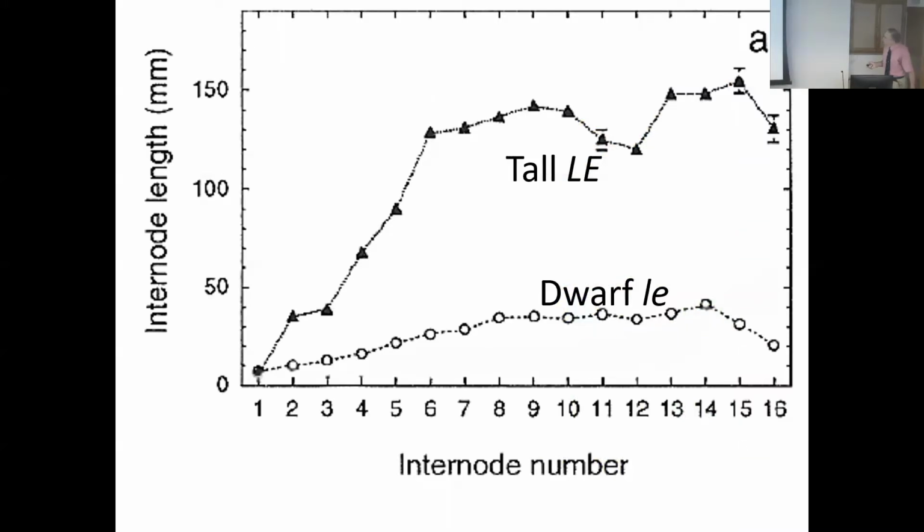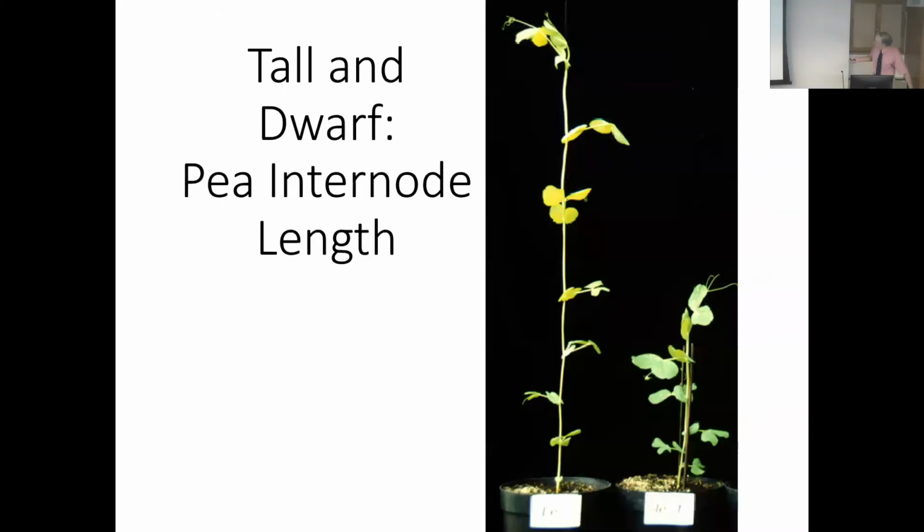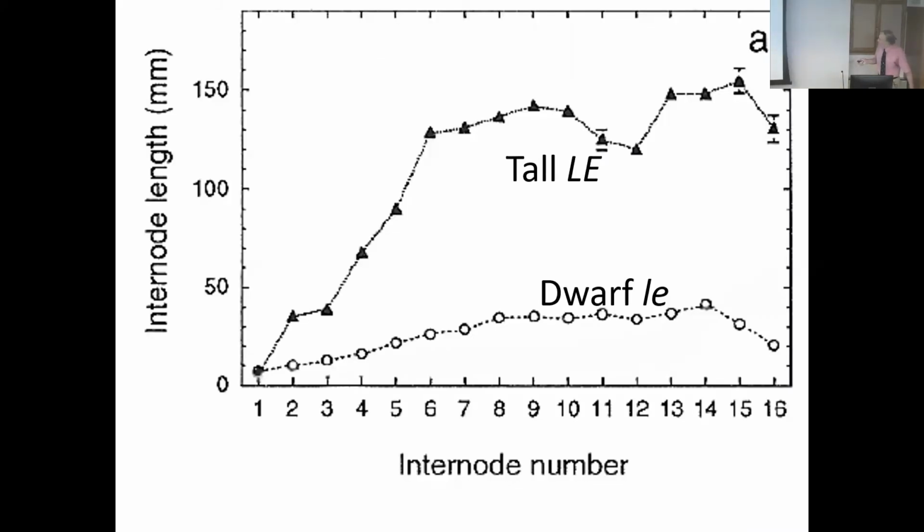If we look at the difference in growth rate, I should point out the difference is not the number of nodes, it's the length of each internode. So this now looks at the internode length in the y-axis and internode number on the lower axis.